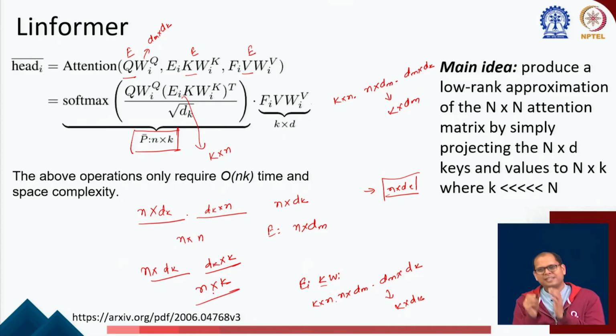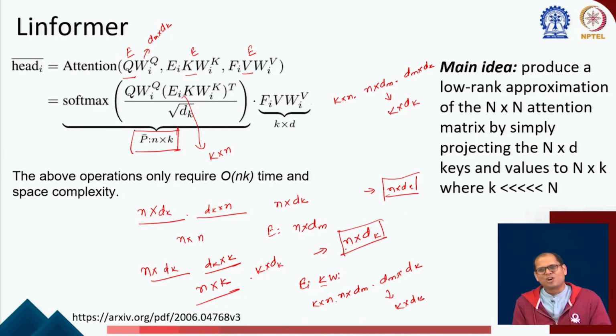So you have n cross k as your attention matrix, right, and then you have k cross dk, so you get your n cross dk output.